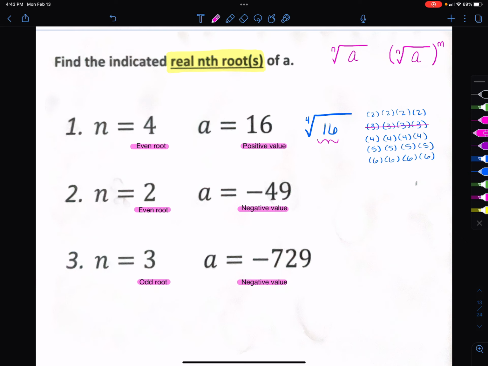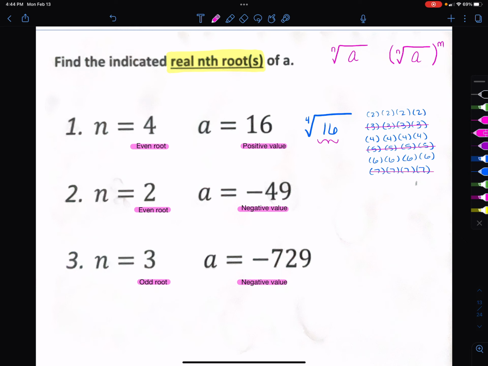If I was to do 5 times 5 times 5 times 5, first off, that's going to end in a 5, and it's also going to give me an odd number, so I know it's not going to be 5. Same reason why it wouldn't be 7 times 7 times 7 times 7. That's going to give me an odd number, and I'm looking for an even number. So I would only consider 2, 4, and 6 in this case. And again, it is positive 2.